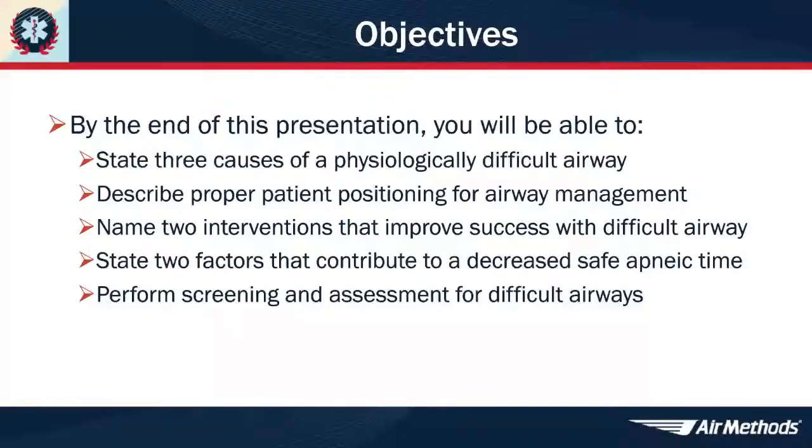Here's your objectives. Talk about some causes of common difficult airways. Some of this is going to be a repeat from the RSI lecture, but we will talk a lot about positioning the airway. There's going to be a little bit more in-depth talk on these various things here.